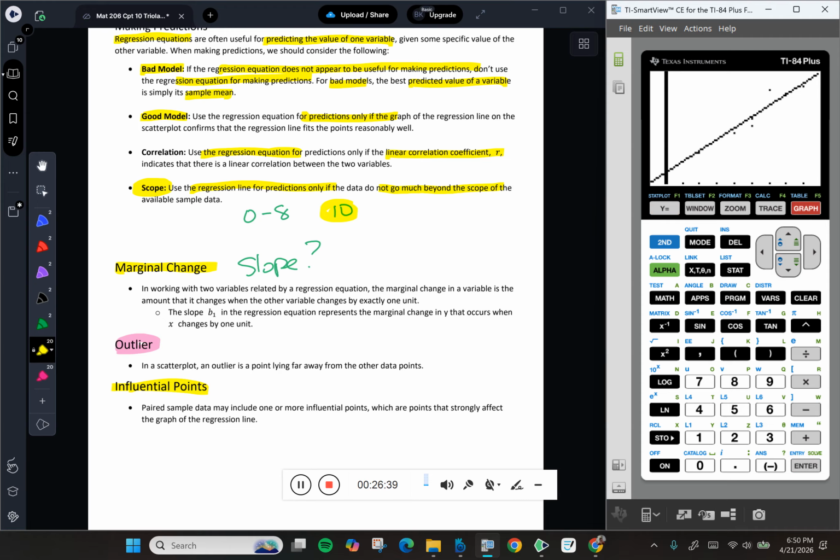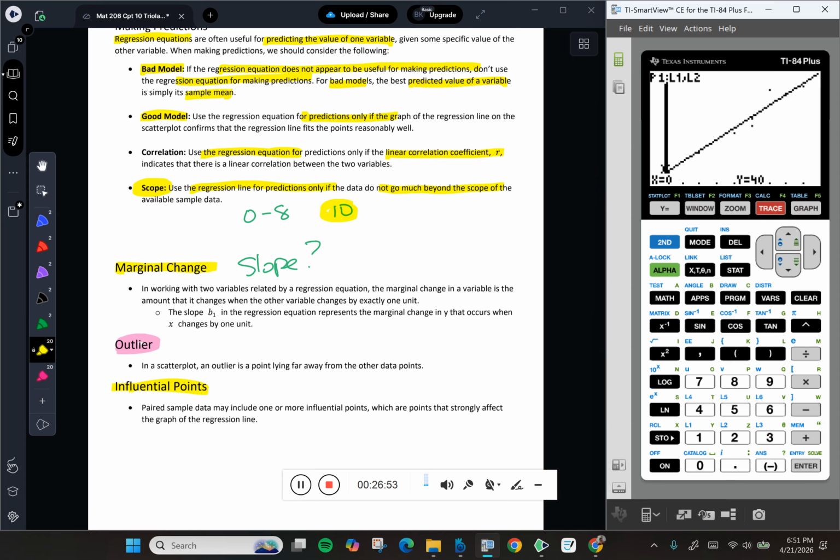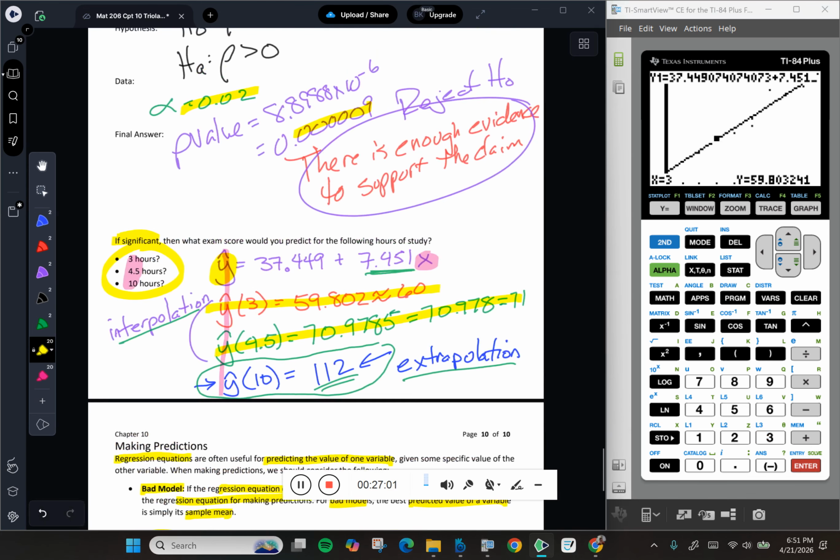So if I wanted to see the data and the line graphed together, I can do that. I could even then trace, trace to 3, switch to the line by pushing up, type in a 3, and it'll tell me that 59.8 that our score was.